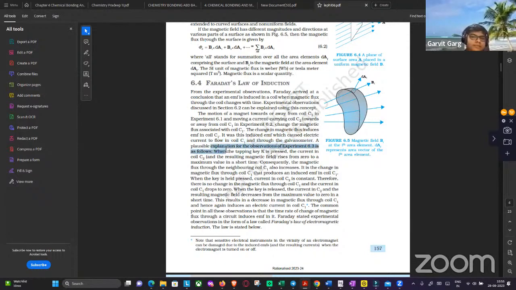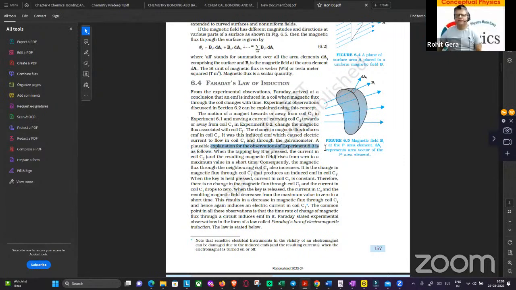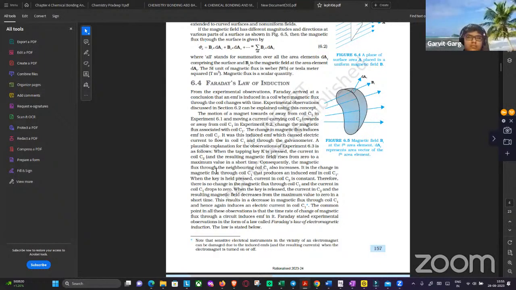Okay. A plausible explanation of observation is as follows. When the tapping, की एक एक्सपेरिमेंट हमने टैपिंग वाला भी करा था जहां पे हम करंट को ऑन ऑफ कर रहे थे. तो उसके अंदर क्या एक्सप्लेनेशन आई?